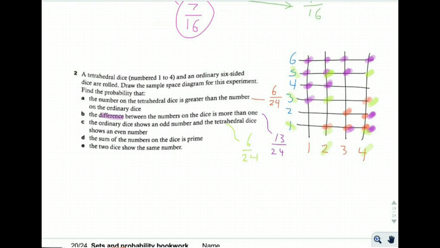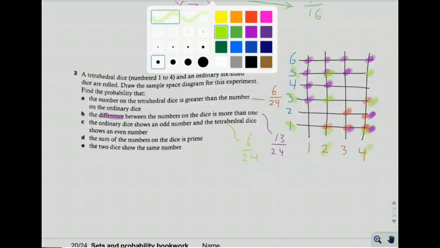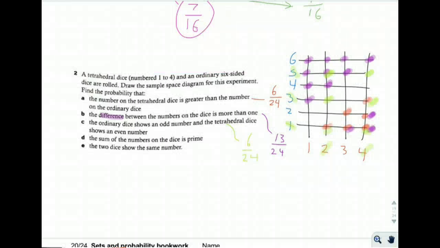Sum of the numbers on the dice is prime. So which one of these numbers would add up to 11? So that would be none. Doesn't add to 11. 10 is not a prime number. 9 is not a prime number. 8 is not a prime number.